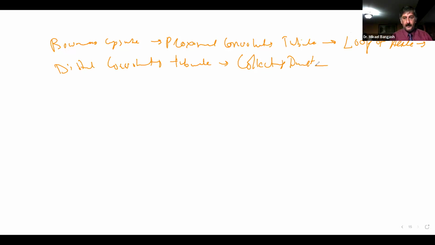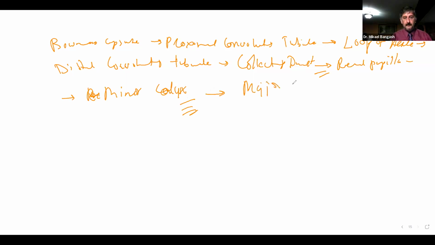Here we can say collecting ducts become the renal papilla. From the renal papilla we get what we call the minor calyx. Minor calyces will unite to form what we call a major calyx.